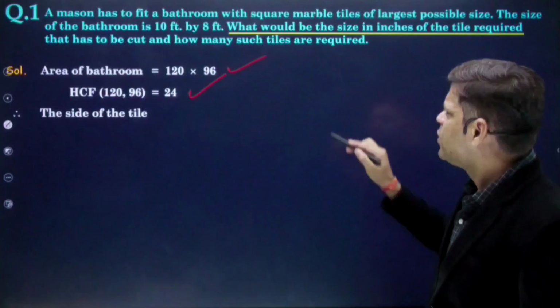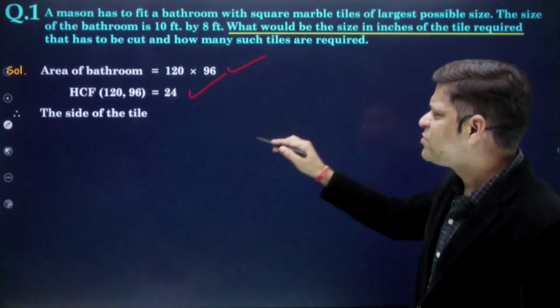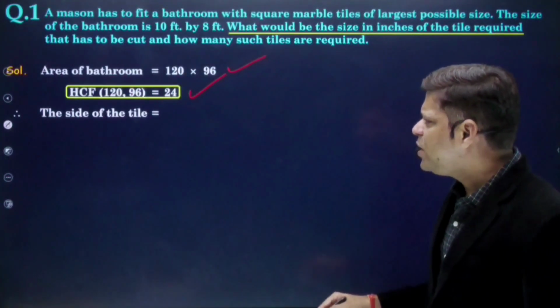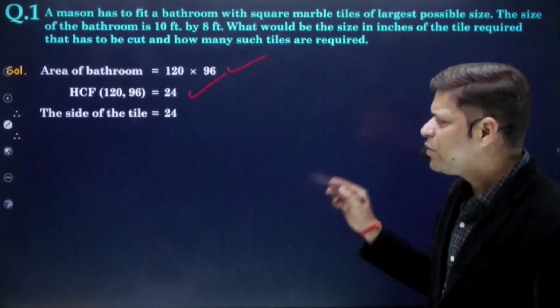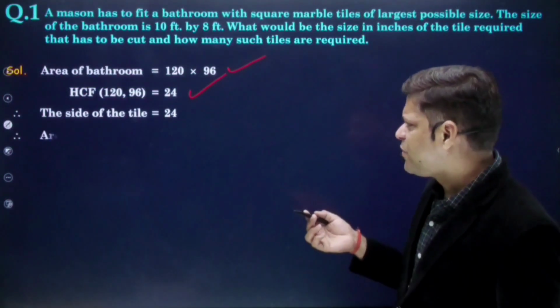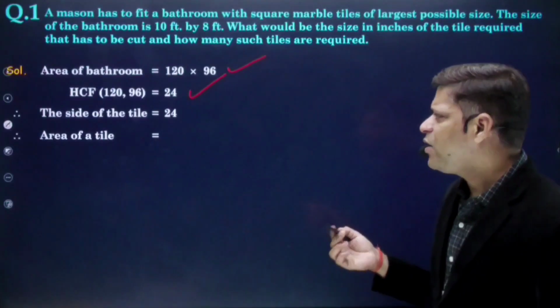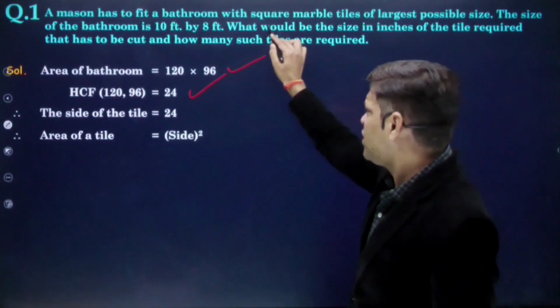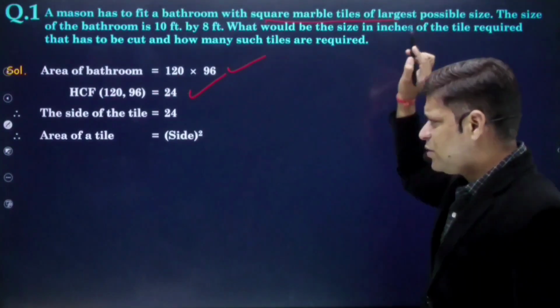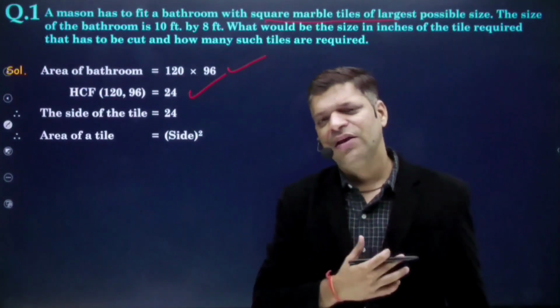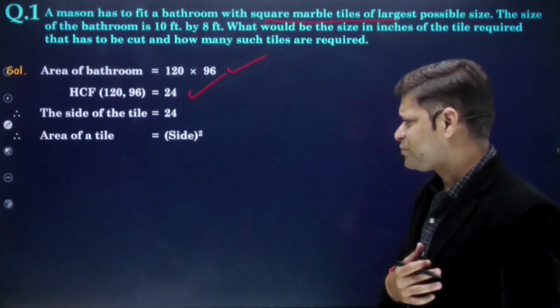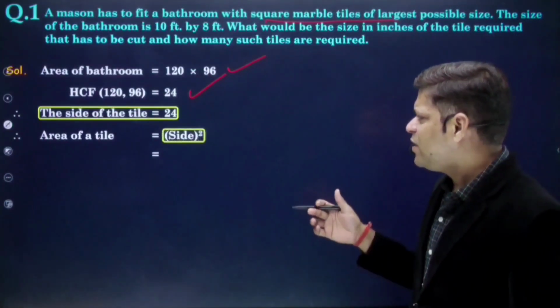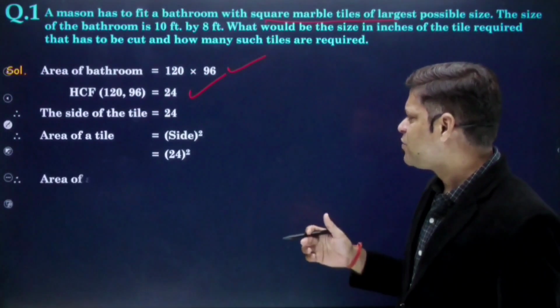Now, what would be the size in inches? The side of the tile will be equal to 24. So the tile size we found is 24. Now the area of a tile, because we want square marble tiles, is side square. So the side square, that is 24 square.